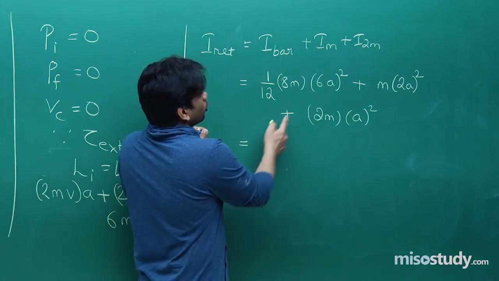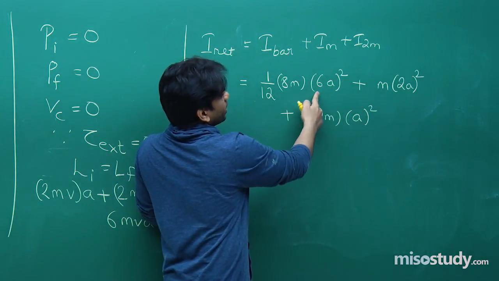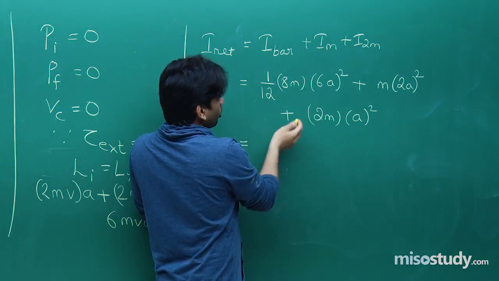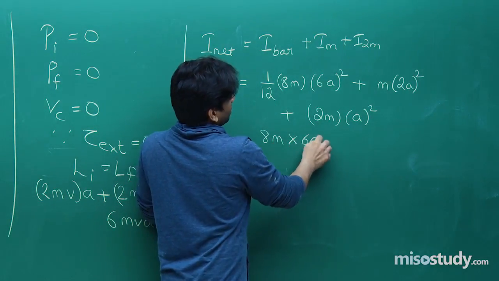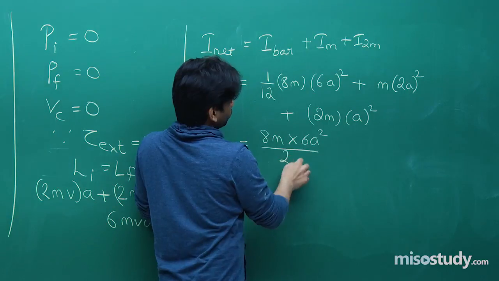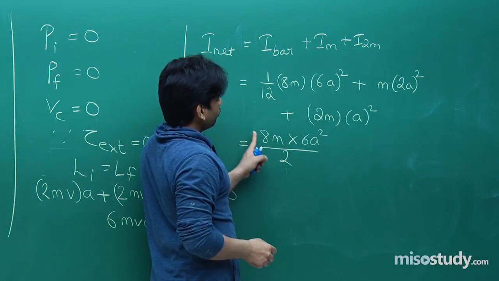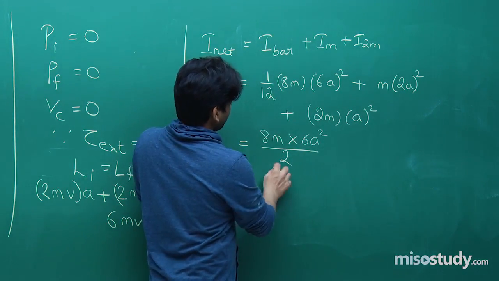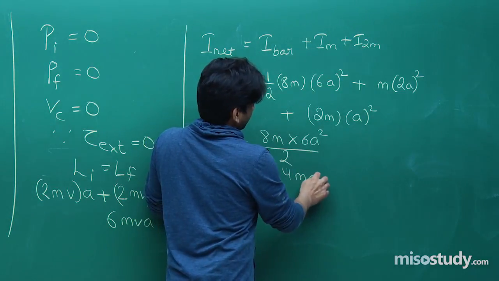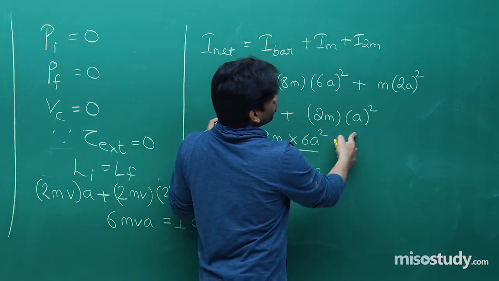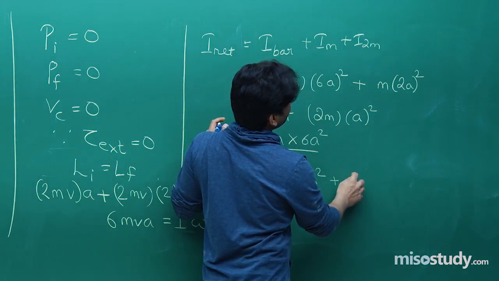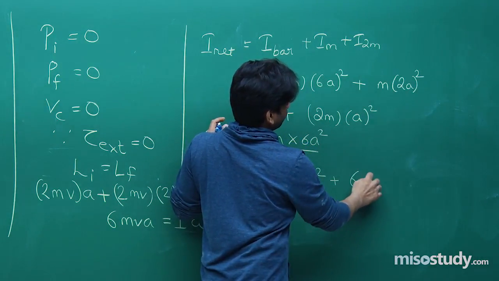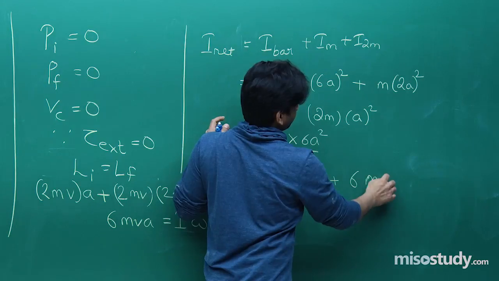So this will come out to, you see, 6 square is 36, and I am going to simplify this: 8m multiplied with 6a whole square and divided by 12. So again this will go, 4 times 6 is 24, 24 ma square, plus 4 ma whole square plus 2 ma whole square, which gives 6 ma whole square.